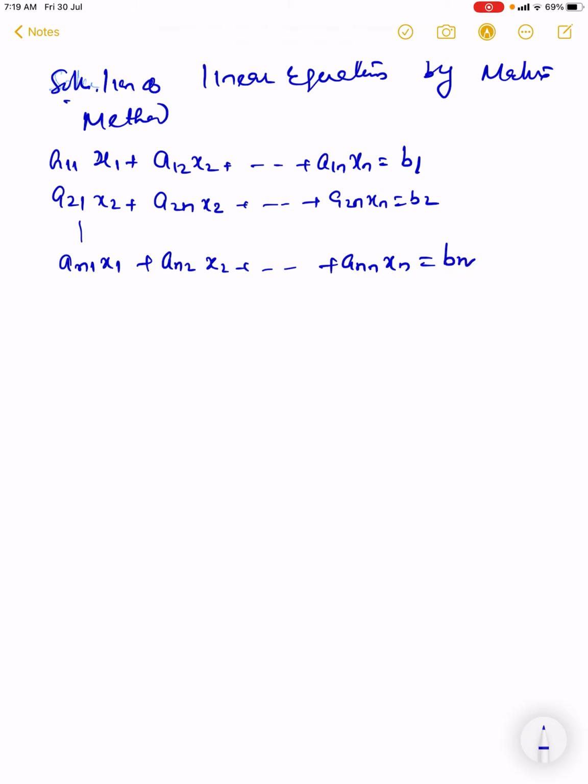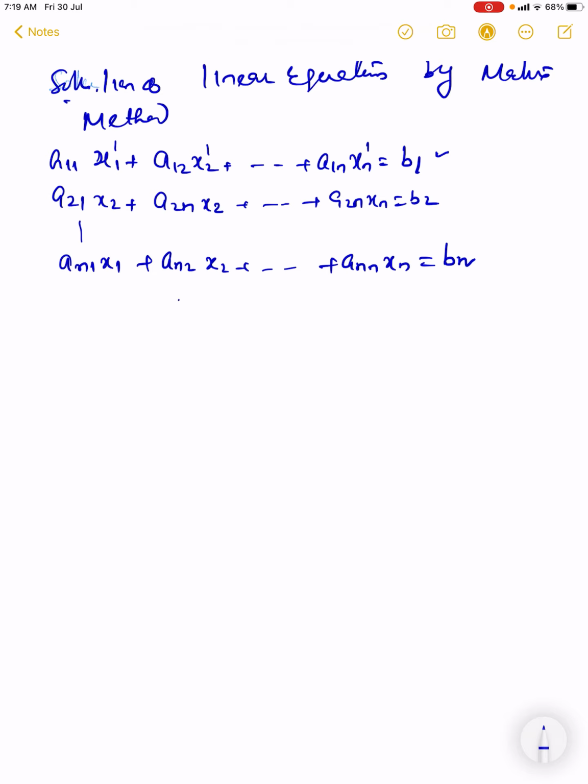This system of linear equations, why is it called linear? Because we have the variables x1, x2, xn, and all the variables have the single power. That's why it is known as linear equations.